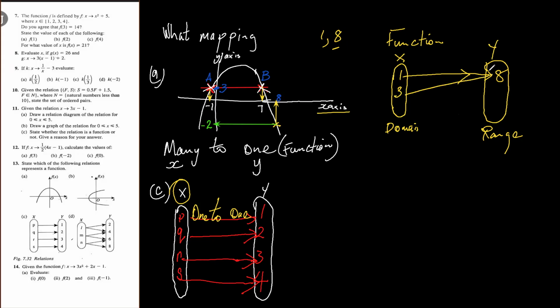It could be many to 1. Notice you have two numbers going to the 8. This is still a function because it must map onto one and only one element in the range.